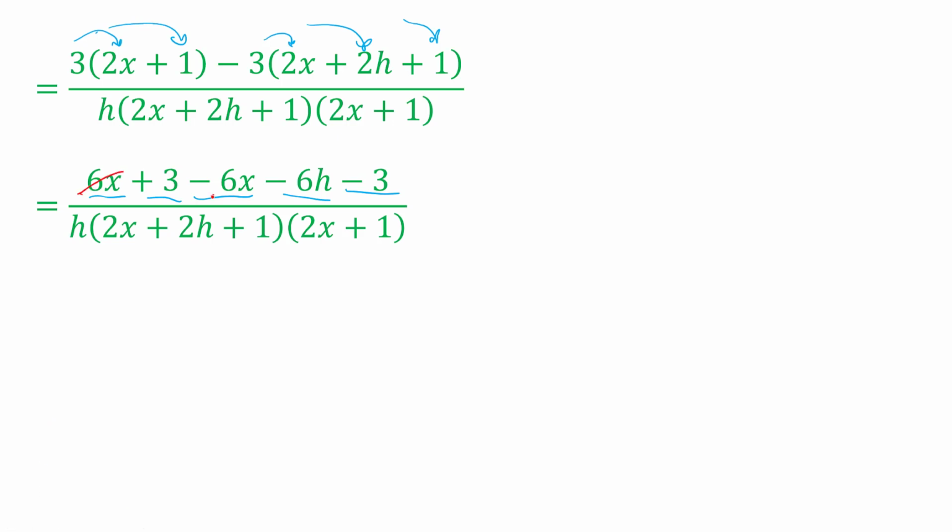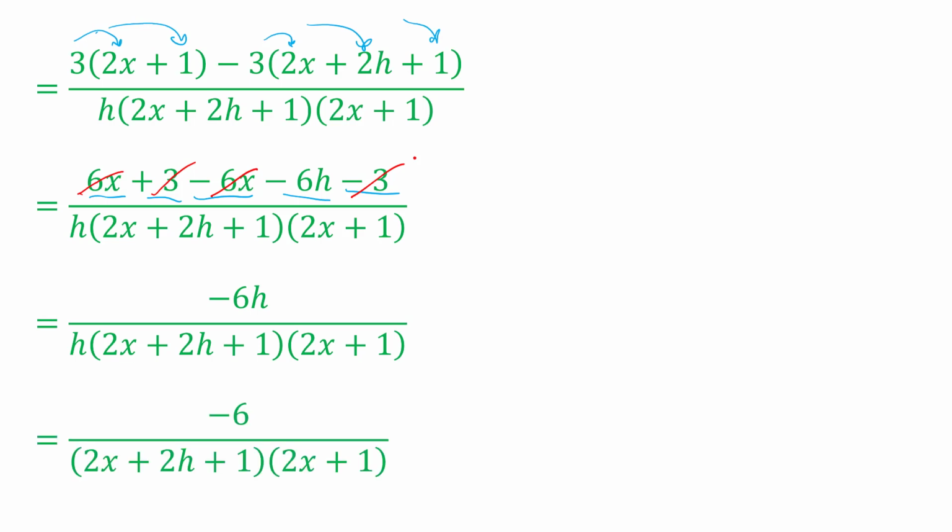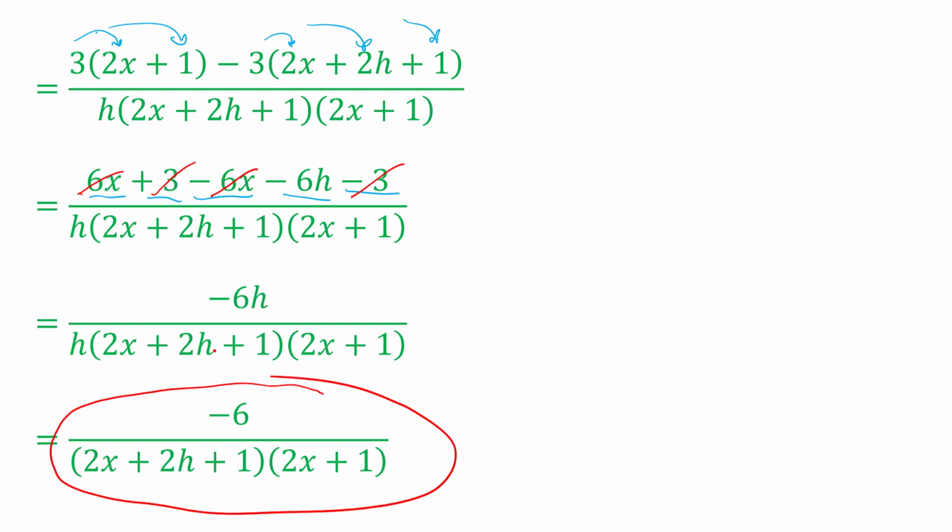So 6x minus 6x adds to 0. 3 minus 3 adds to 0. We're left with negative 6xh over h times 2x plus 2h plus 1 times 2x plus 1. We can pull out h over h, and we're left with a final answer of negative 6 over 2x plus 2h plus 1 times 2x plus 1.